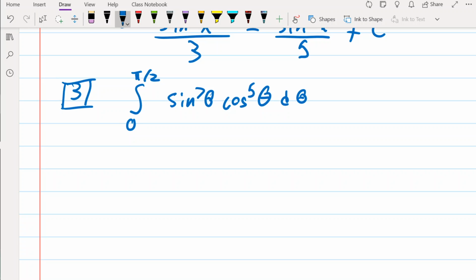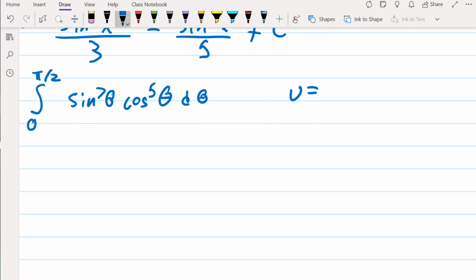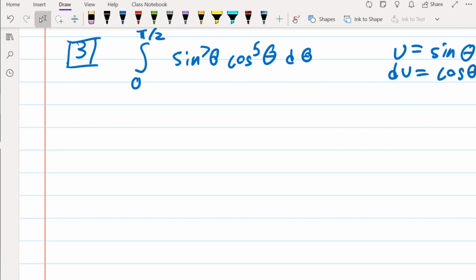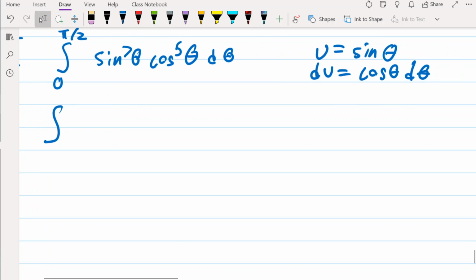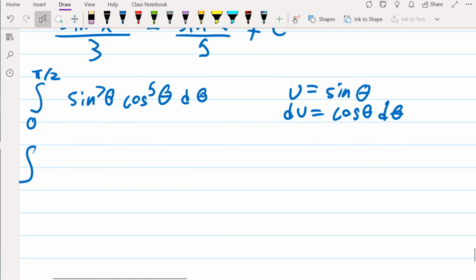To begin, we're going to want to identify what we want to use for our u. I'm going to set u to sine of 7 theta. Or no, it's not sine of 7 theta, that might be a lot. Just sine of theta, and du equal to cosine theta d theta. So what we're going to want to do is turn a majority of that cosine of 5 theta into sines.